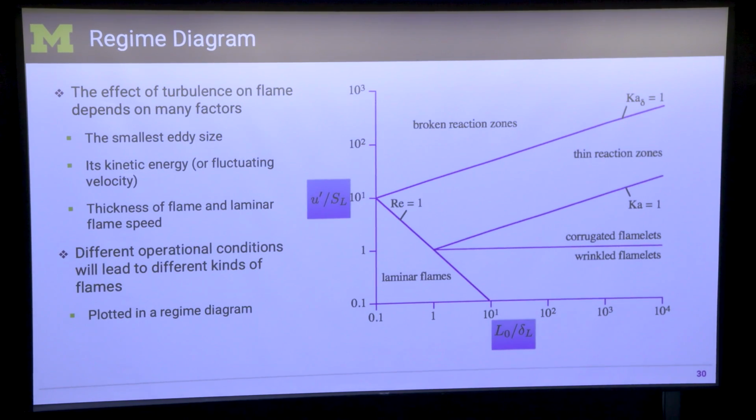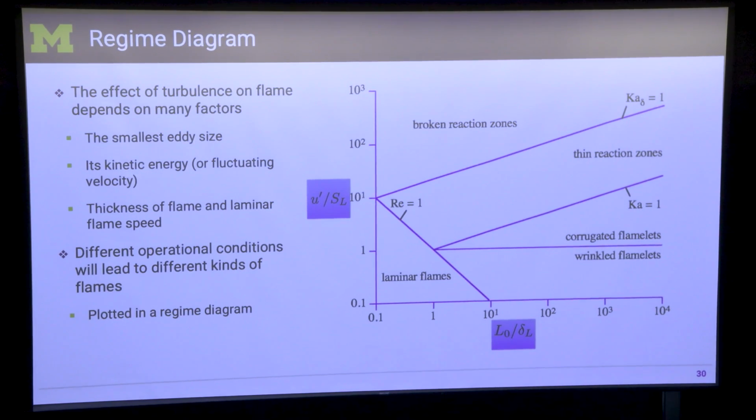And you have these different regions, okay? So what we saw before is that as you keep changing U prime over SL and L0 over delta L, you get different Reynolds numbers, because Reynolds number is just a multiplication of these scales, right? So as you go along these plots, you're now going to get many different regimes. So Reynolds number of a constant value will look like a diagonal.